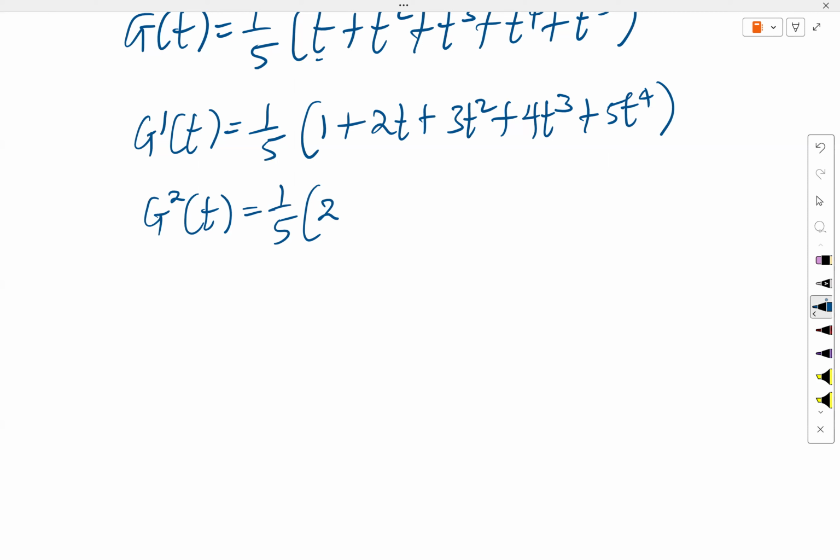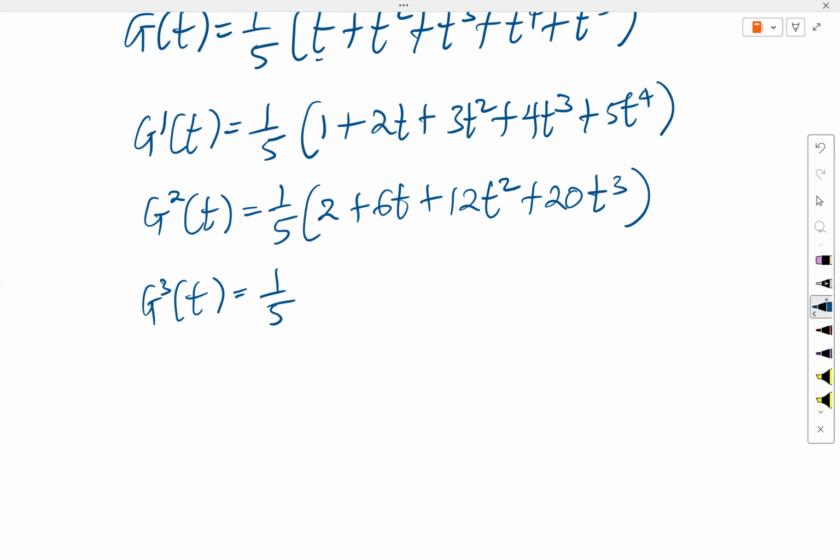So you have 2 plus 6t plus 12t squared plus 20t cubed. Then the third derivative: 1 over 5 into, 2 is constant, so it's gone. So you have 6 plus 12 times 2, that's 24t. And the next one is 60t squared, that's 20 times 3, 60.